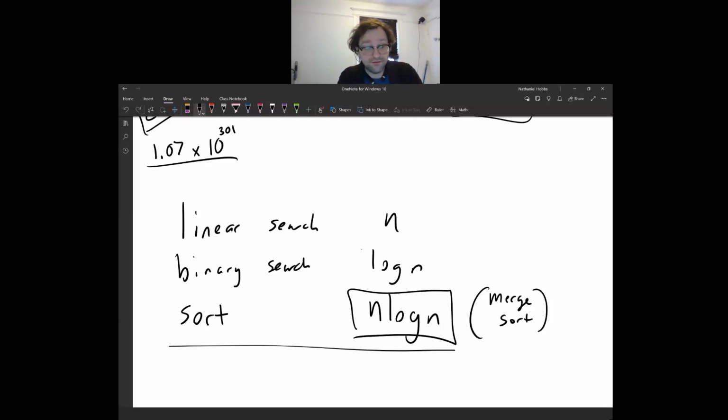So if you only have to search one time and you have unsorted data, then just use a linear search. But if you're going to be searching again and again, many, many times, then waste a little bit of time in the beginning, and this will be a recurring theme in this course.